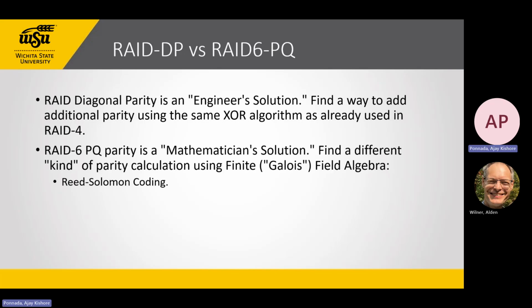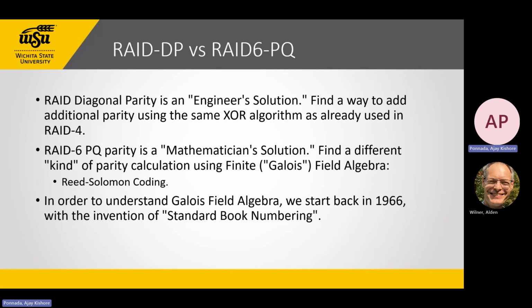So RAID 6 parity, PQ parity, is a mathematician's solution. Find a different kind of parity calculation using finite field algebra. That's Galois field algebra. Reed-Solomon coding is one example of finite field algebra.